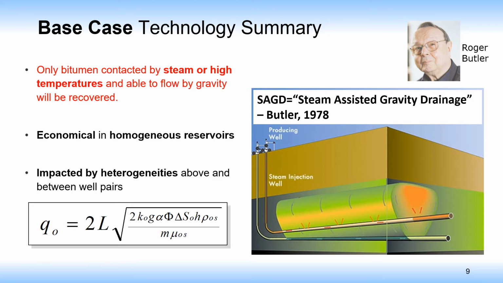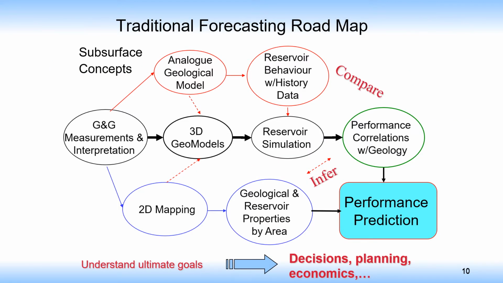And that's the key. So we look at a traditional roadmap for forecasting, and we have our G&G measurements in the subsurface. We compare them to analogs, and we can even look at reservoir behavior in analog fields. But we also do large area mapping, local mapping, and get reservoir properties using wells and mapping.